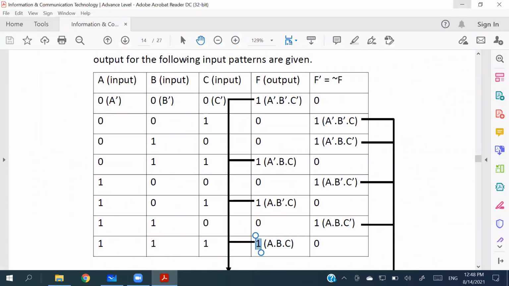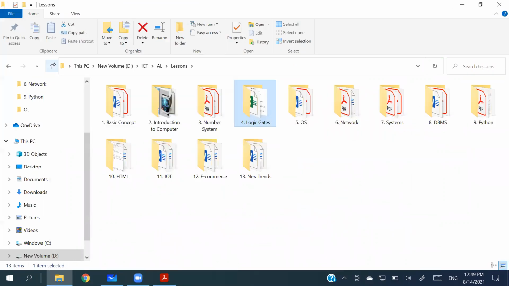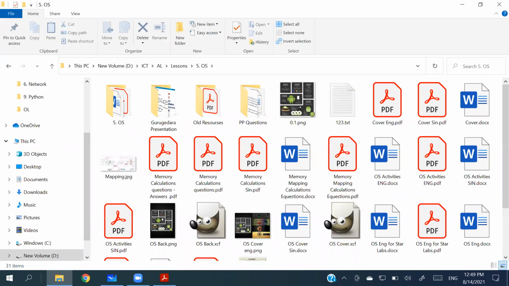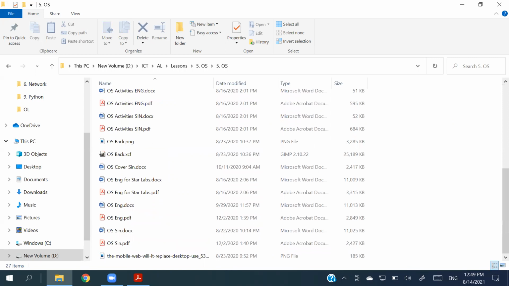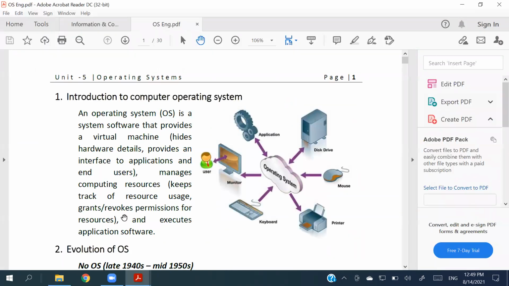Let me take the note. And can I know who has not collected the operating system note yet? Other than Gayasha, right? Yeah. Oh, it seems everyone has taken that, right?